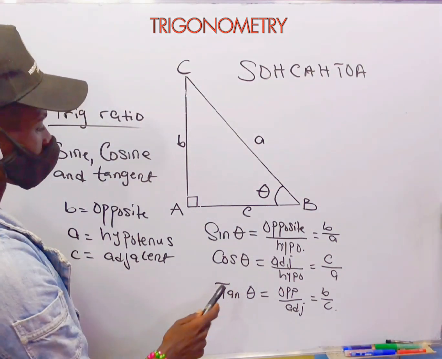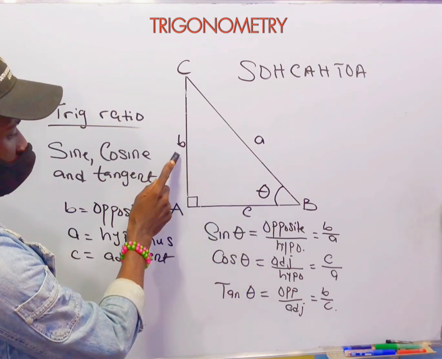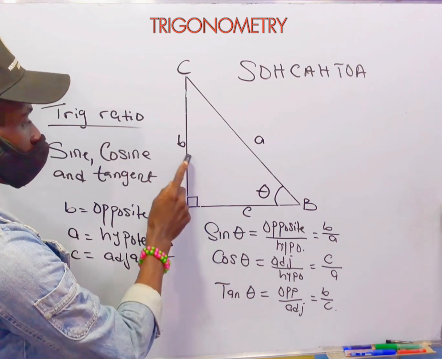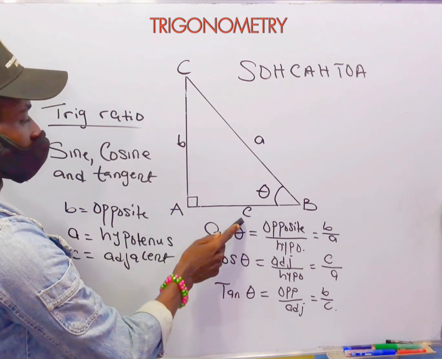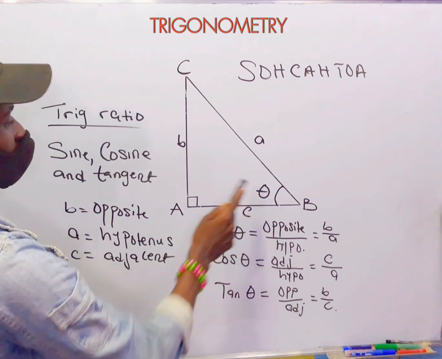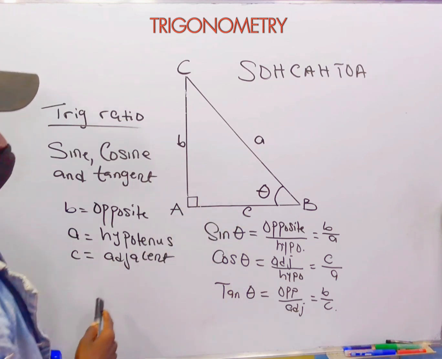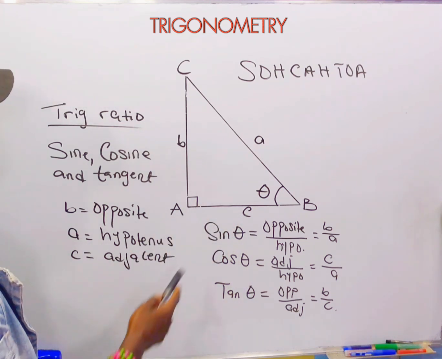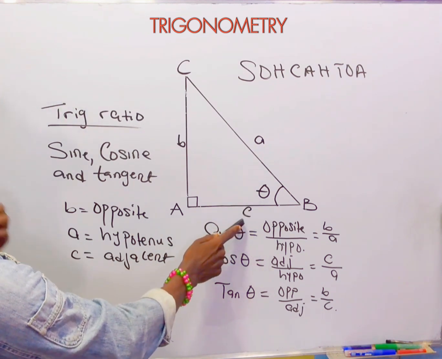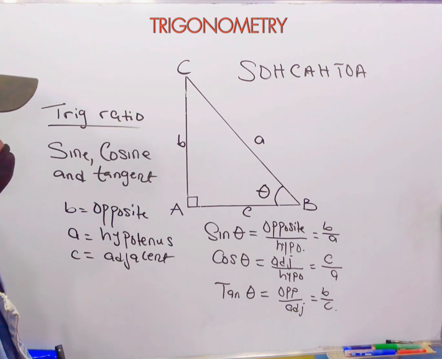Now for tan theta, if you're looking for theta and we have B and C, we could use tan theta to get our angle theta. Also, if we have B and theta and we are looking for side C, we could use tan theta.